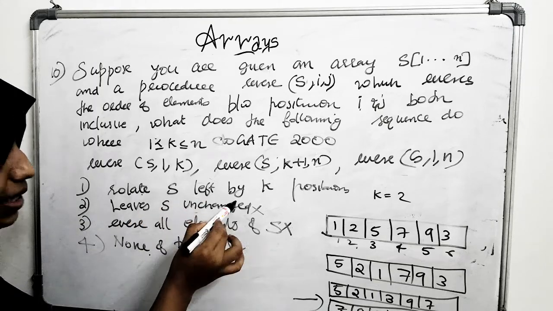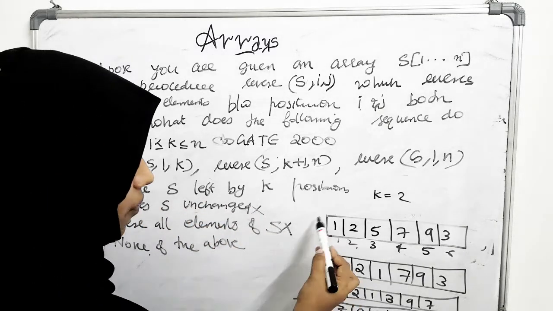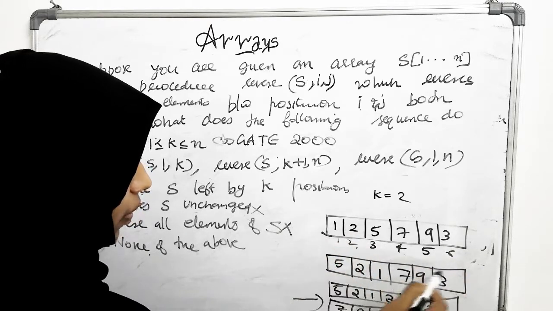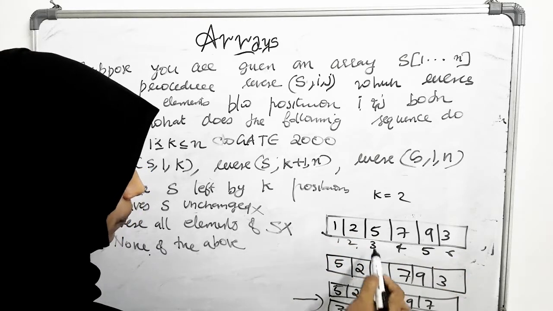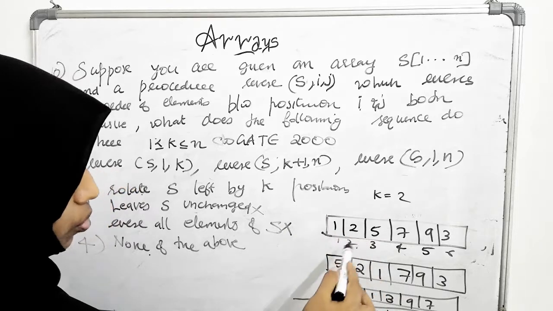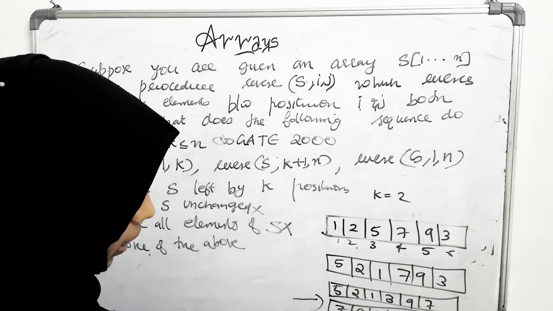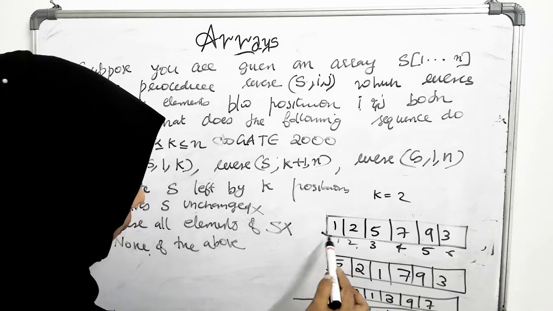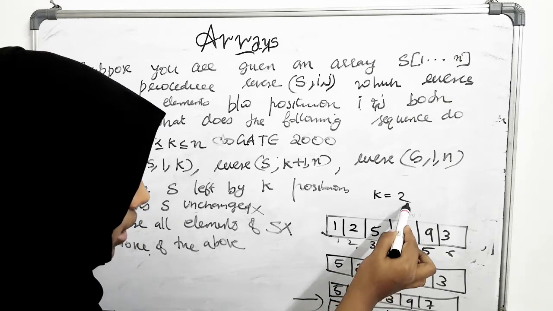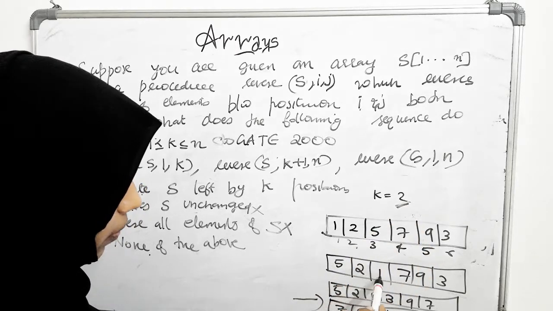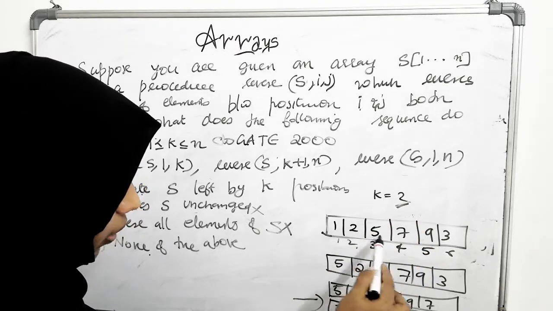Rotate S left by k positions means 1 will go to the end, then 2 will move to the end, then 5 will move to the end. Sorry, I took k as 3 because we were reversing 3 positions, as 1, 2, 5 were reversed.